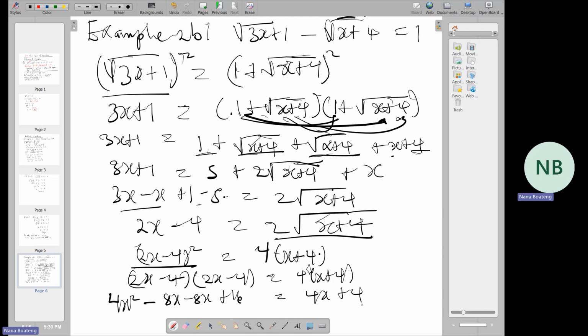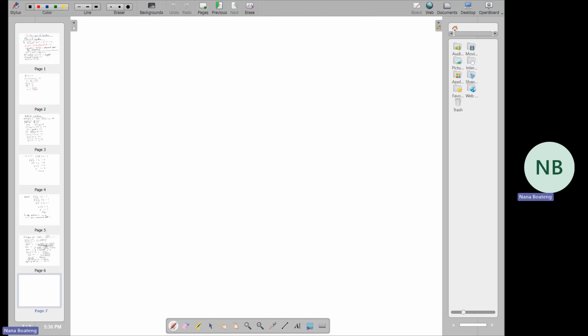All right, so we can write this as 4x squared minus 8x is minus 16x, and plus 16 is equal to 4x plus 4.